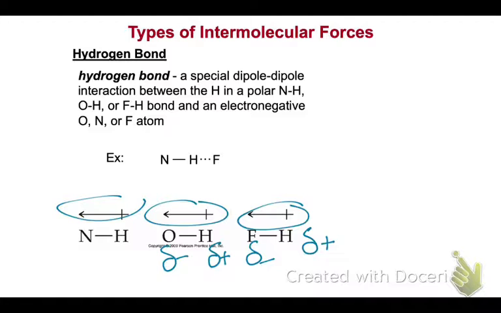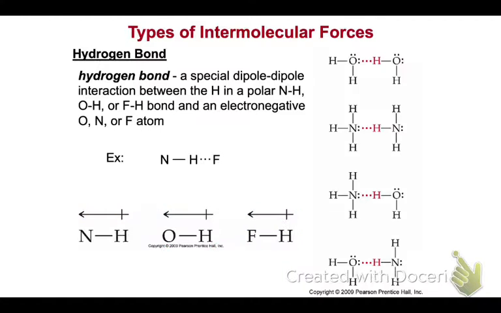And the size is so small, which means that the partial negative is intense and condensed in a smaller size. It's not diluted over a big volume. That's why it causes a lot of attraction and a special dipole-dipole bond.